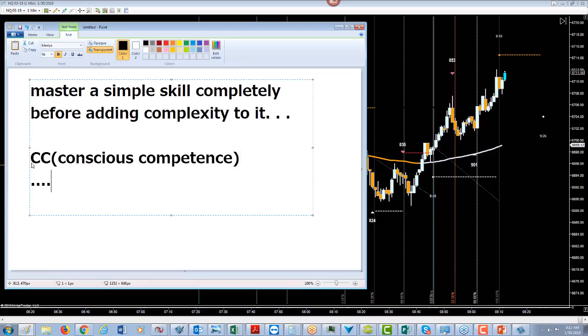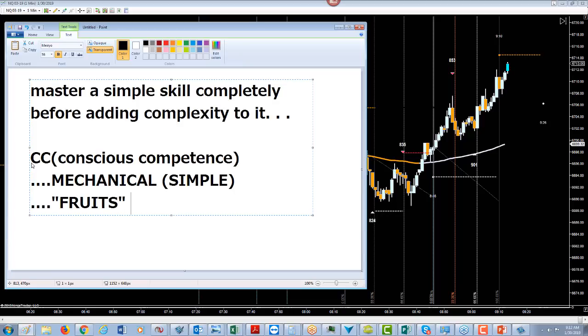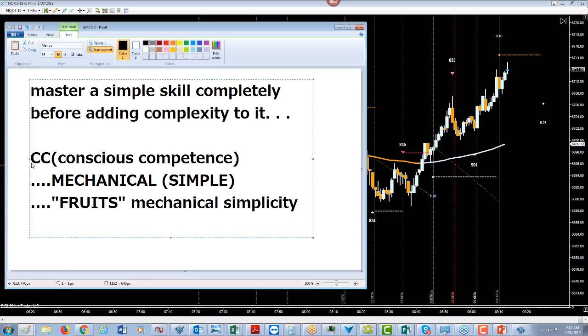So James, what I'm trying to do is get you to enter into a mechanical phase of your trading, where it becomes simple. We know exactly what to do and when to do it. And I want to show you what are the fruits of mechanical simplicity.